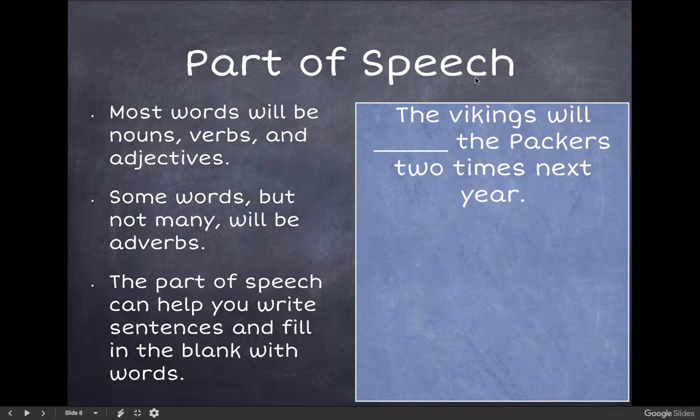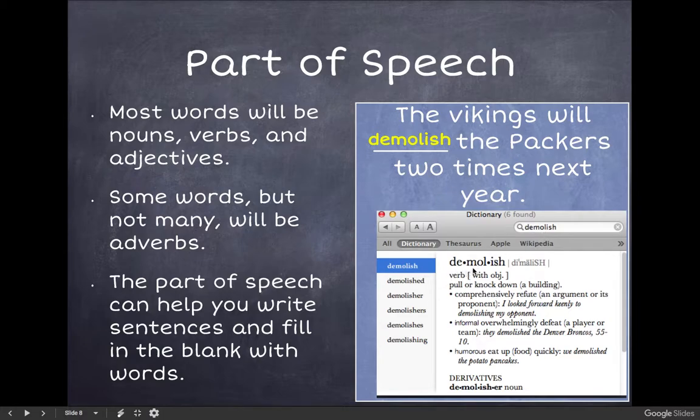So if I have a word bank, I can look for verbs if I'm stuck. If I don't know what should go there, I know it has to be a verb. So I'd ask myself, what are the verbs? In this case, demolish, which is a verb. If we look at the definition of demolish, it is a verb. So that's why it goes with the word will. And you'll notice other verbs: will jump, will dance, will sing.